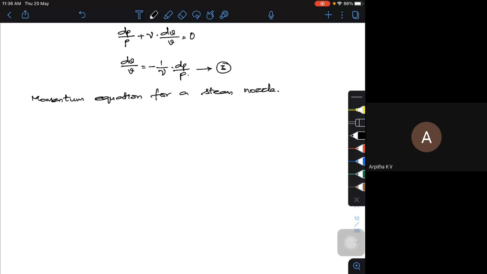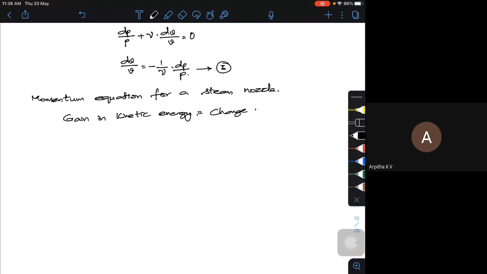This is what we have written. Now, the momentum equation is actually the gain in kinetic energy, which is equal to the change in enthalpy.